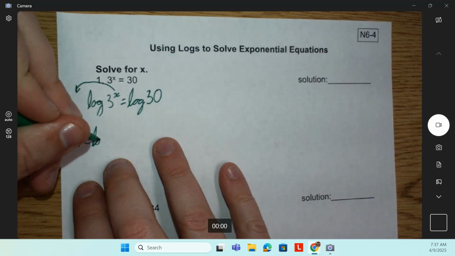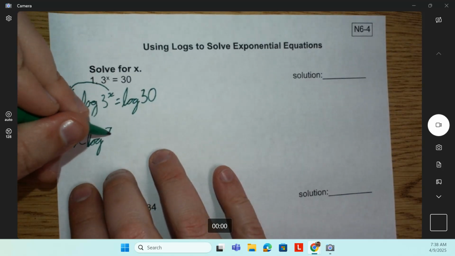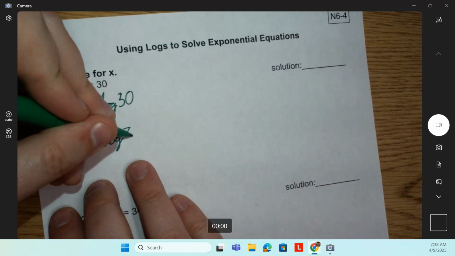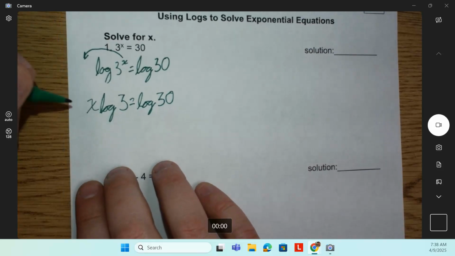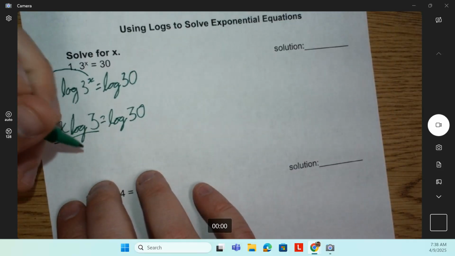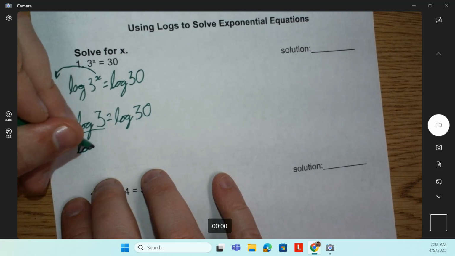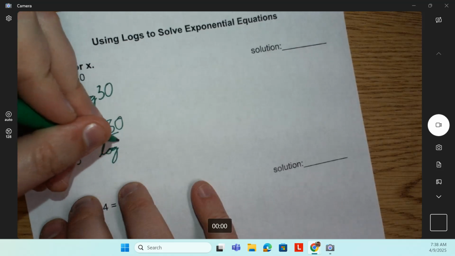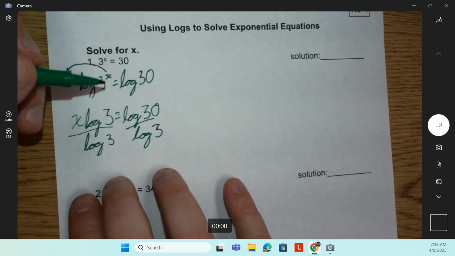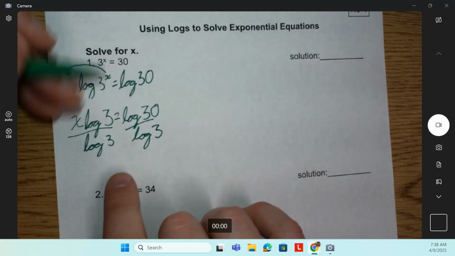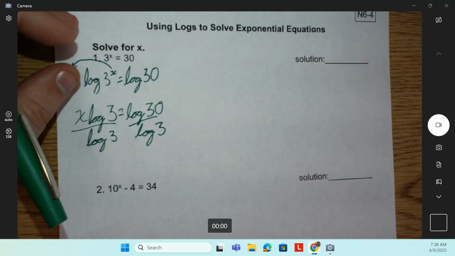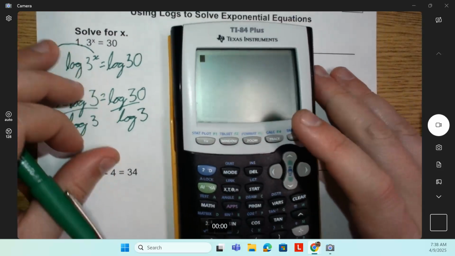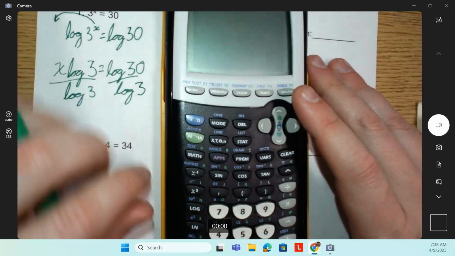So x log 3 equals the log of 30. To isolate the x, I divide by the log of 3, then I get x equals log of 30 over the log of 3, which gets us into a place where we can put that in the calculator, because there's not a great way other than this to solve it.